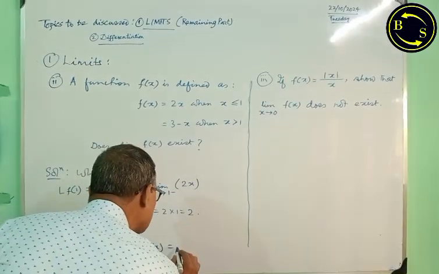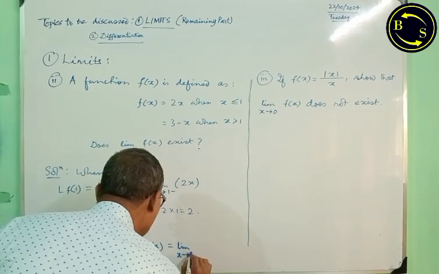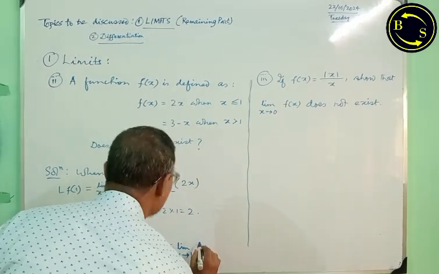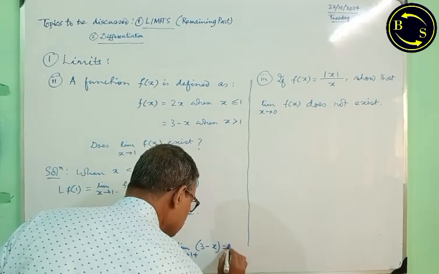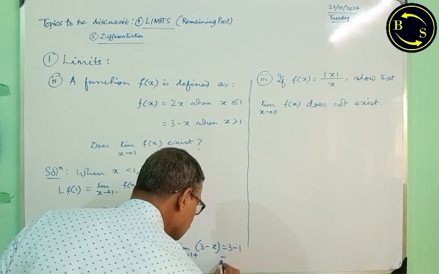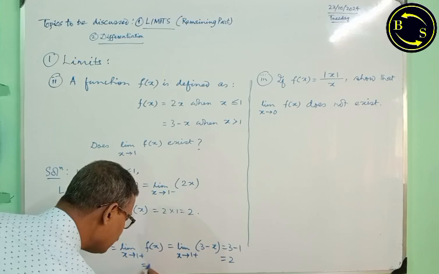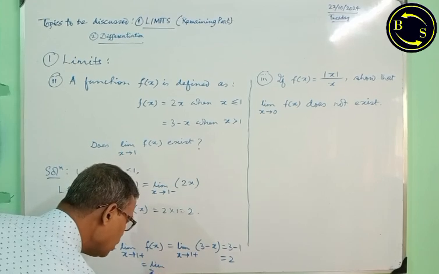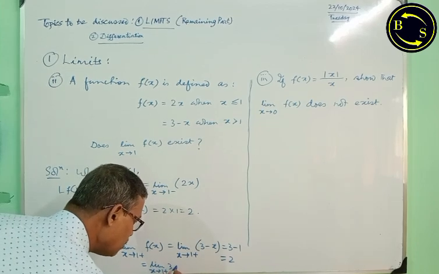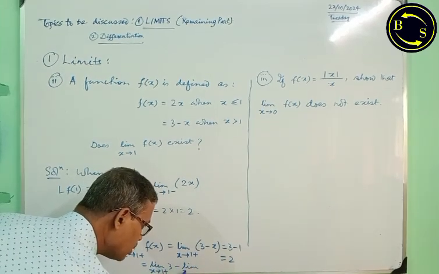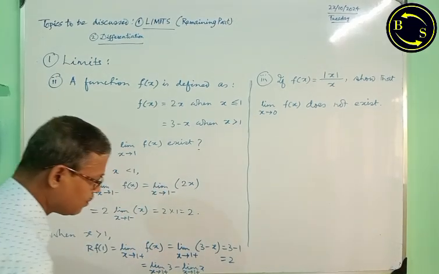We substitute that here, and this can be written as limit x tends to 1 plus 3 minus limit x tends to 1 plus x.